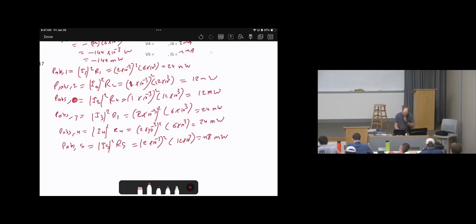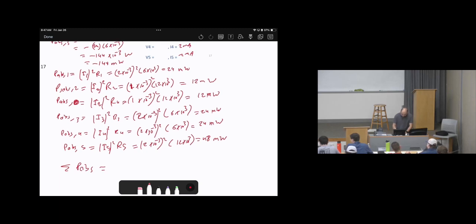In order to validate the answers, the sum of the power absorbed must equal 0. So here we have for the source negative 144, all of them in milliwatts, plus 24, plus 12, plus 12, plus 24, plus 24, plus 48, all of it must equal 0.